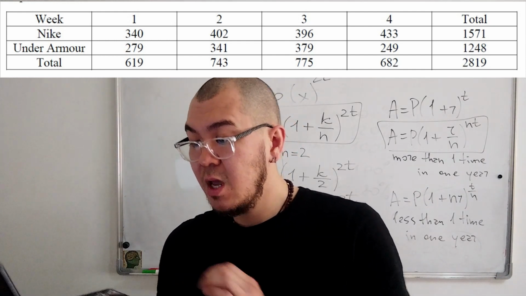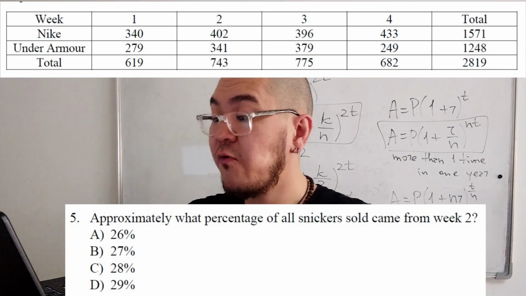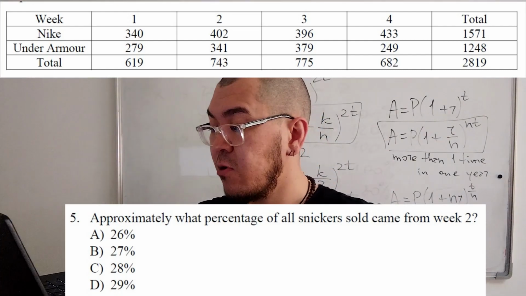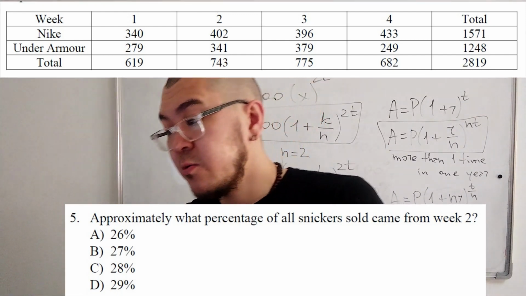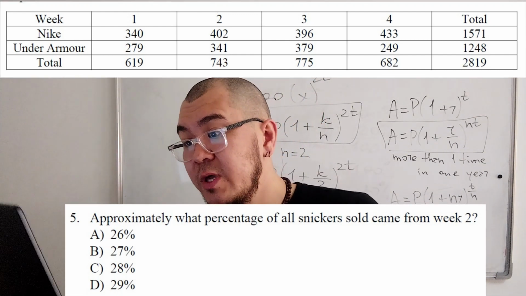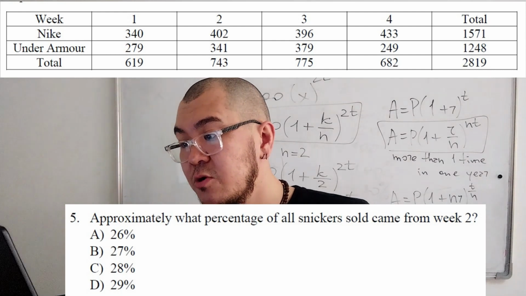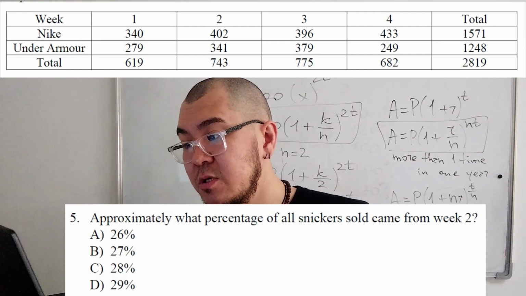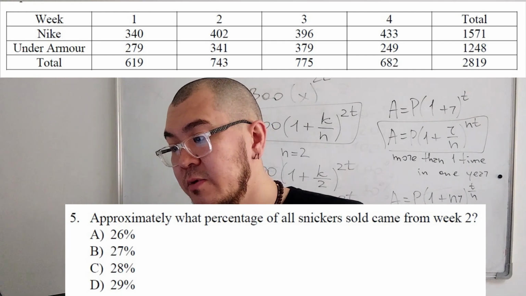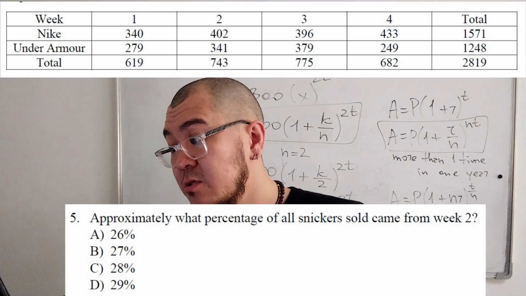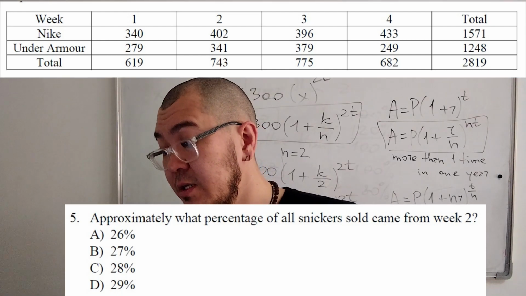Okay, next one. Approximately what percentage of all sneakers sold came from week 2? We look at week 2 and find out that the total amount of sneakers sold in week 2 is 743, and the total amount is 2,819.